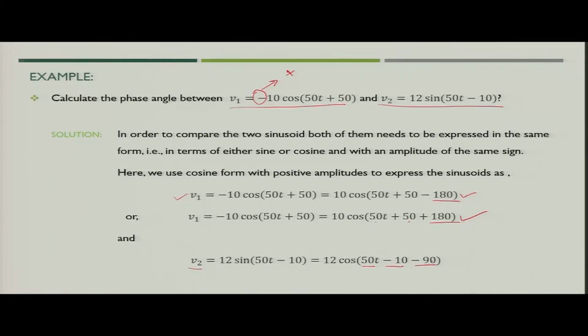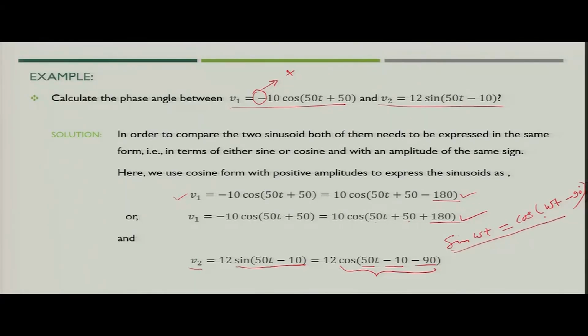Now, V2 is 12 sin(50t minus 10), that means 12 cos(50t minus 10 minus 90), because we are trying to find out the value of sin omega t in terms of cos. So, sin omega t is nothing but cos of omega t minus 90 degrees, right. This is what we saw in the previous slide.